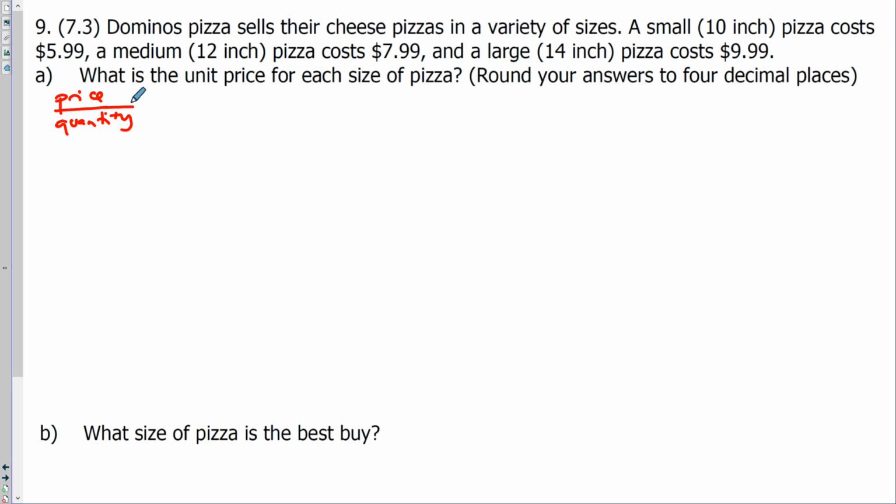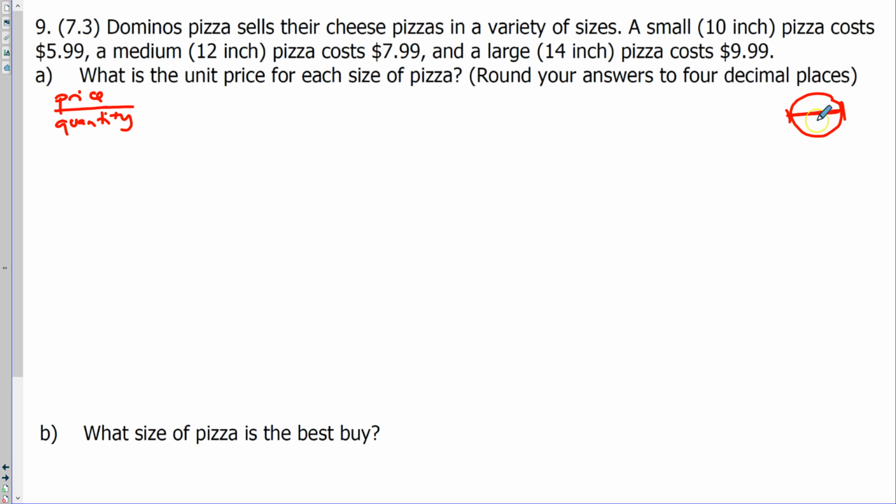Now this one is interesting because it's actually going to include some information from our geometry unit. When we talk about unit price, the inch size of pizza is not necessarily all the pizza that you buy. When you buy a pizza, you're buying the whole area of that circular pizza, not just the distance across that they're giving us here.